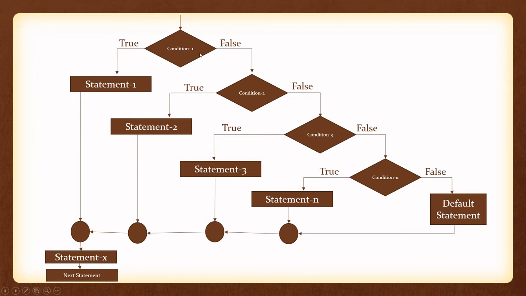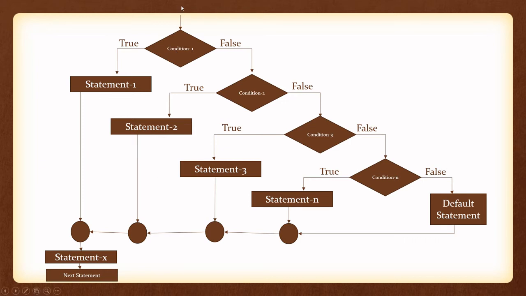In case the condition 1 is true, then the rest of the conditions will not be executed. It will execute the statement 1 and it comes to the next statement, statement X. The rest of the statements will not be executed when the condition 1 is true.